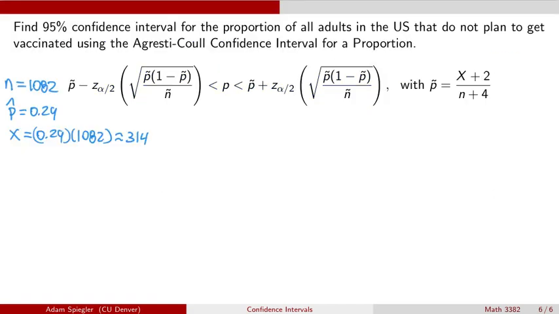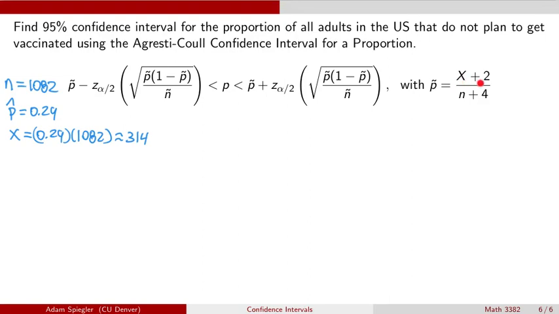Okay, last slide. So now let's redo this confidence interval using the Agresti-Coull confidence interval. So instead of using p hat as 0.29, we have an extra step, which is we need to first calculate what p tilde is and then plug it into the same formula. So p tilde is going to assume we have 4 additional observations from the 1,082.